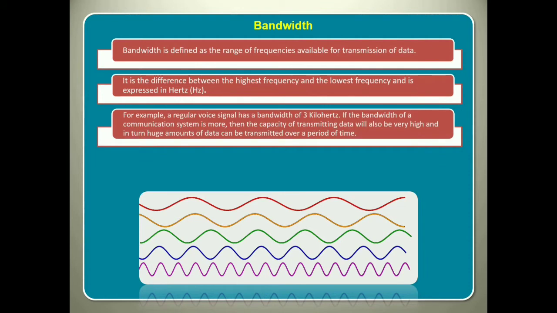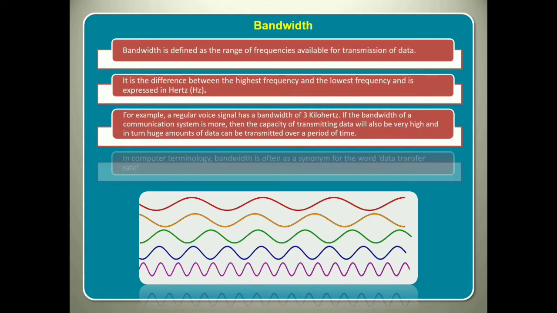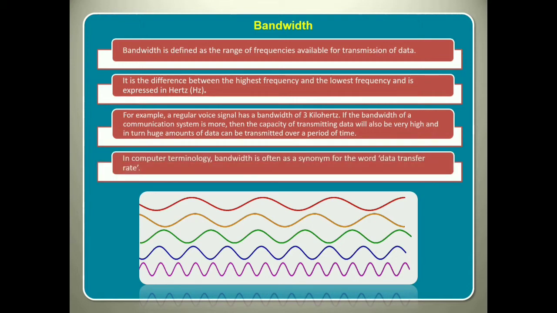If the bandwidth of a communication system is more, then the capacity of transmitting data will also be very high, and in turn, huge amounts of data can be transmitted over a period of time. In computer terminology, bandwidth is often used as a synonym for the word data transfer rate.